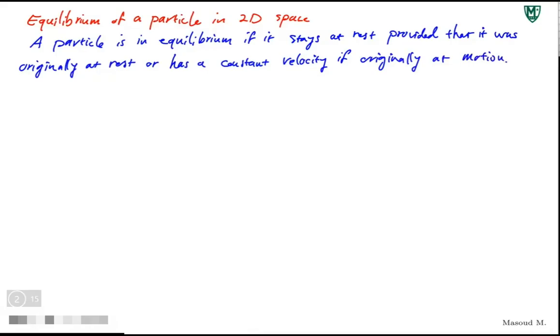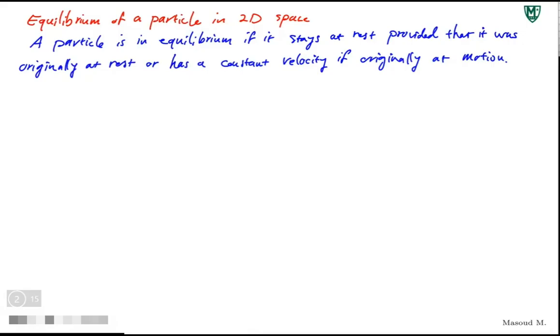So we say pretty much following Newton's first law, right? If it's moving, it should have a constant velocity. If it's at rest, it should stay at rest. Now, that is when we call a particle, or later on a rigid body, an object, to be in equilibrium.